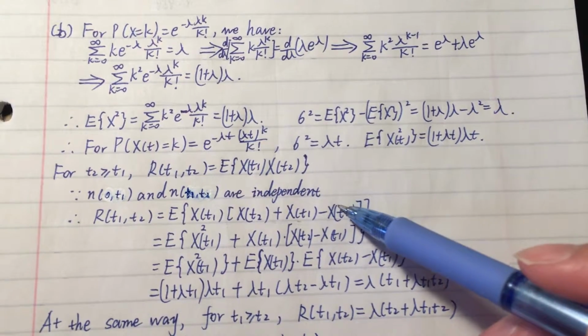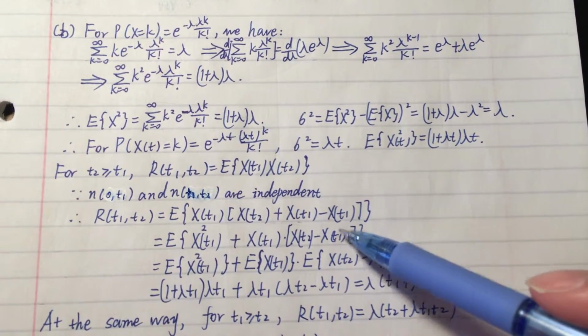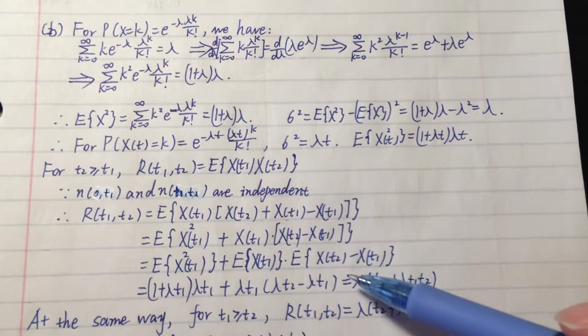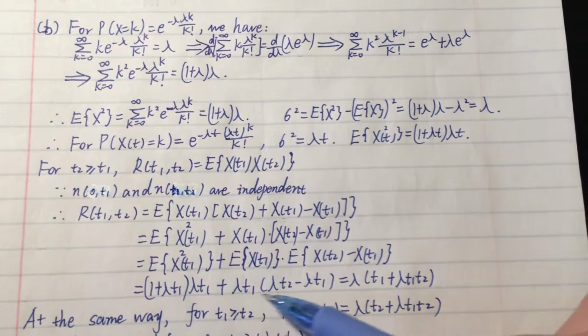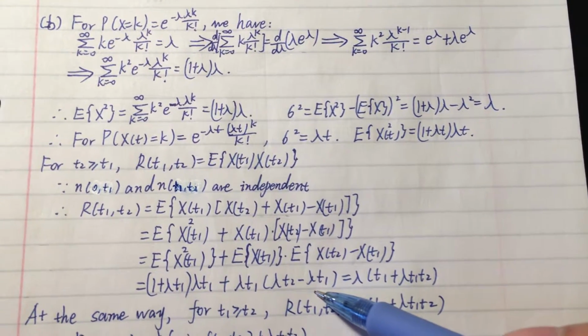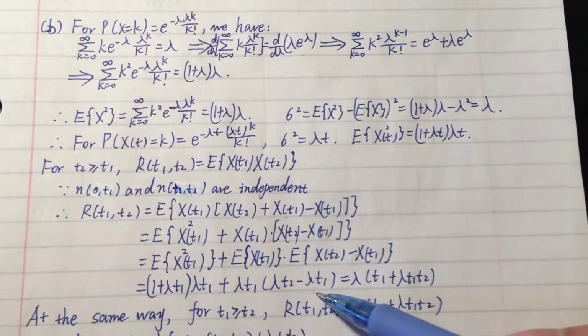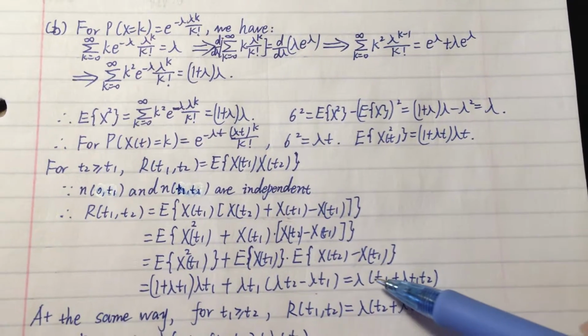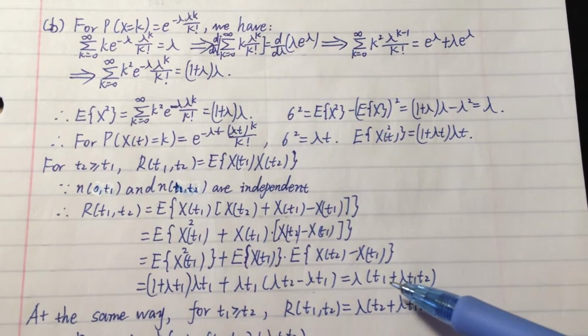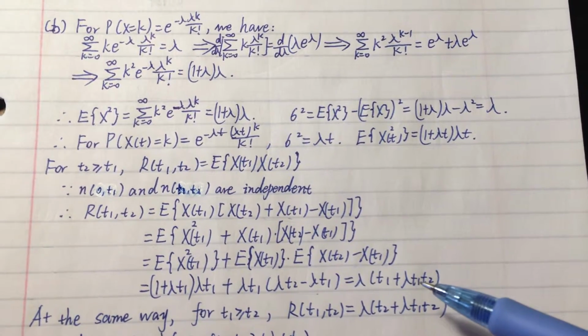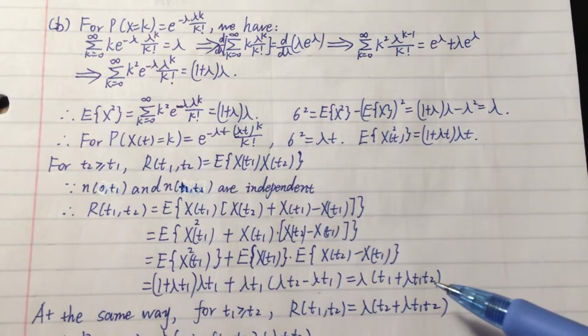So we can simplify, and we can finally get these equations, and finally the result equals lambda times t1 plus lambda squared times t1 times t2.